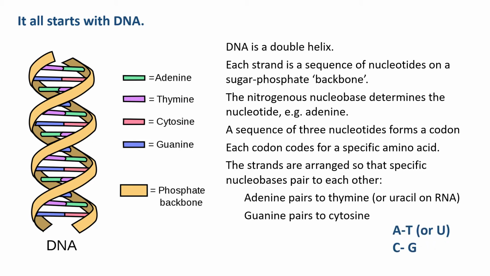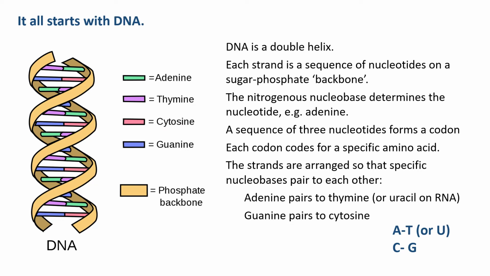And the 2 strands of the helix are arranged so that the specific nucleobases pair to each other. So there is a definitive way of pairing. Adenine pairs to thymine. Guanine pairs to cytosine. On RNA, thymine is replaced by uracil. So adenine there will pair to uracil.